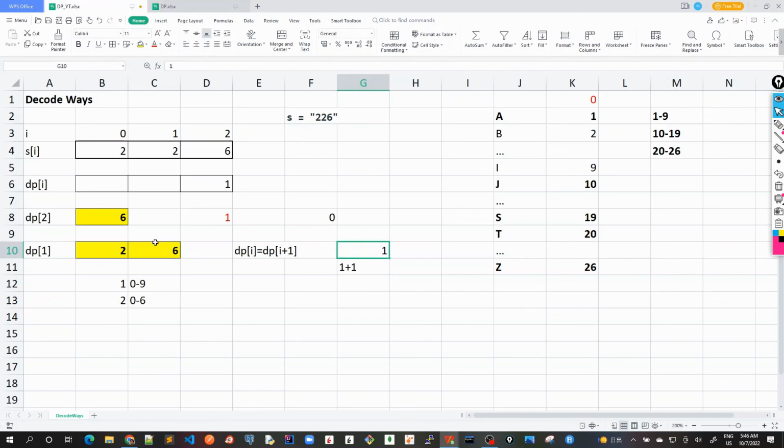The 1 we already calculated when we treated each individual digit, so we already found that DP i is equal to DP i plus 1. And then when we treated 2 and 6 together, it's within the range, it starts with 2 and the ones unit is between 0 to 6. So that's why there is another way. So the total is 1 plus 1, which is 2. So this is our DP for 1. I'll just mark it as 2, and this is 2.